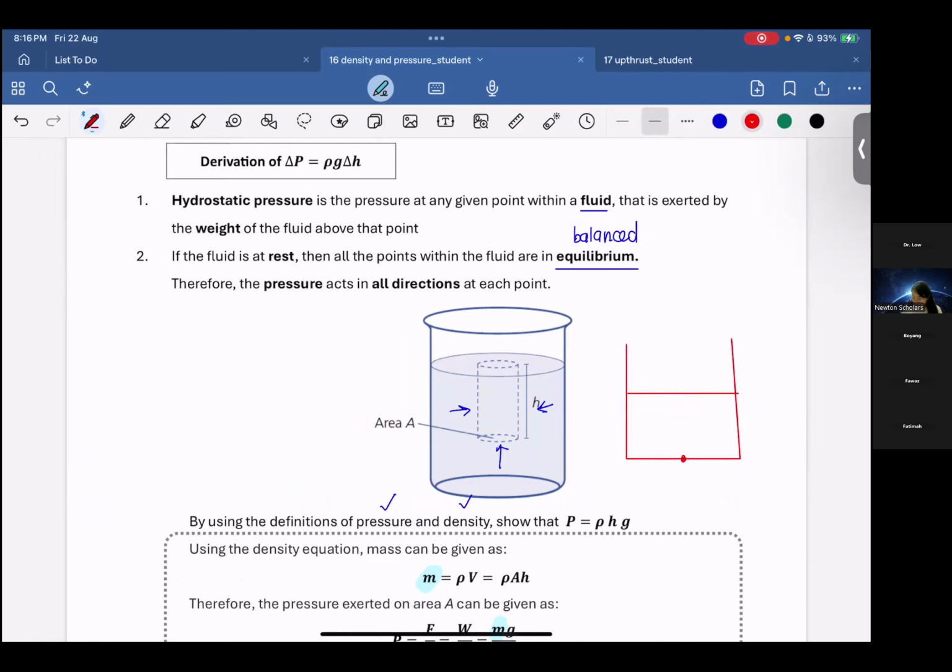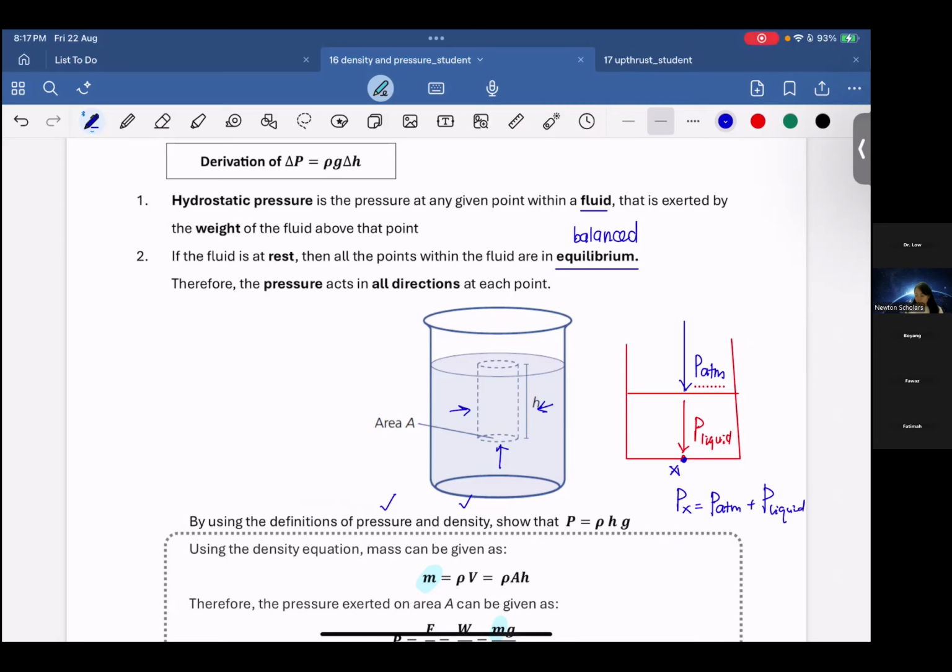Inside this point, I have liquid pressure, and in actual readings, we still have atmospheric pressure. If they just say pressure, what is the pressure at this point, point X, let's say? You have to consider atmospheric pressure and the liquid pressure.